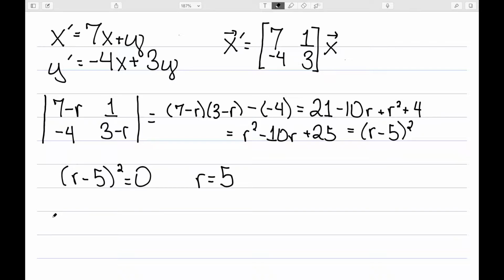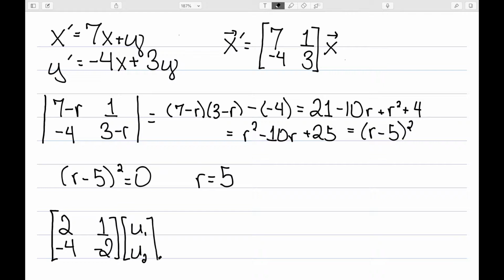After this, our next step was to find the eigenvector. In order to do that, we actually plugged in 5 to this matrix here. 7 minus 5 is 2, 1, negative 4, and 3 minus 5 is negative 2. I multiply that by a generic u1, u2 vector, and I should get the 0 vector.